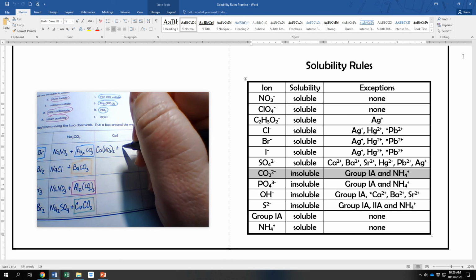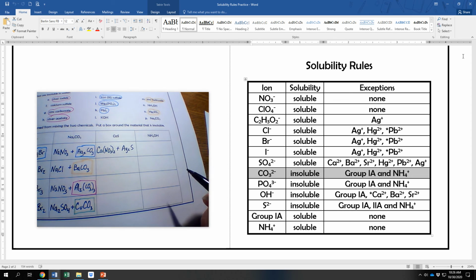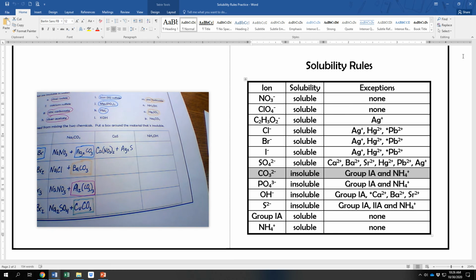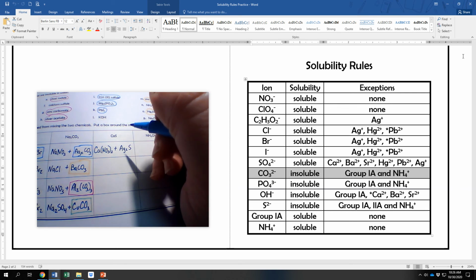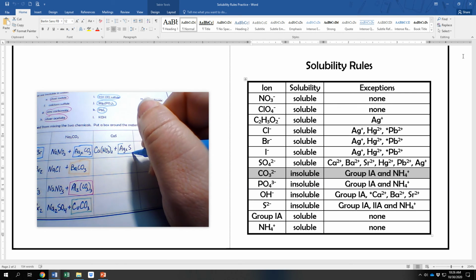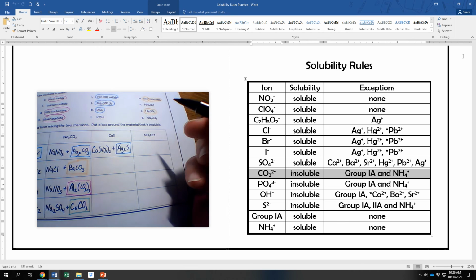And then silver sulfide, which is Ag2S. Silver is 1 plus, sulfur is 2 minus. So let's check. Ca(NO3)2. Well, anything attached to NO3 is going to dissolve. The sulfur says insoluble except group 1, group 2, and ammonia. Silver is not in group 1 or group 2.